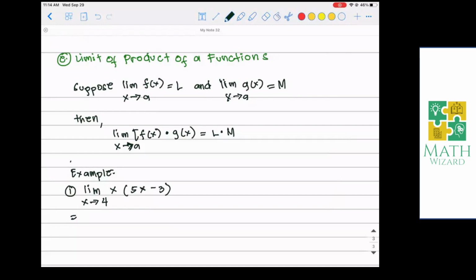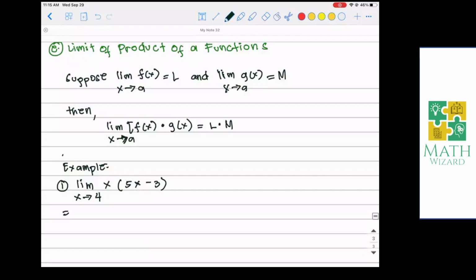Ang sabi lang dito, we need to get the product of the limits. Kukunin muna natin yung limits ng bawat isa and then saka natin sila i-multiply together for us to apply the product limit rule. So let's have limit of x. Siseparate ko lang silang dalawa.